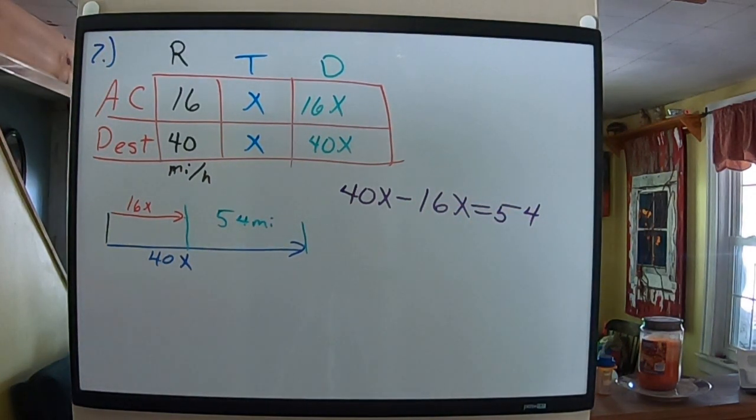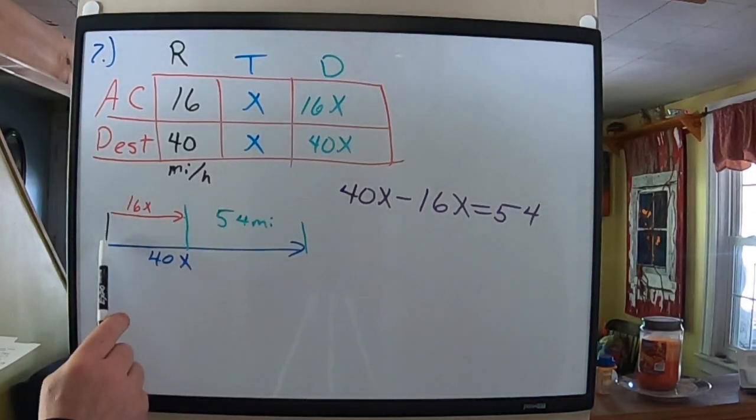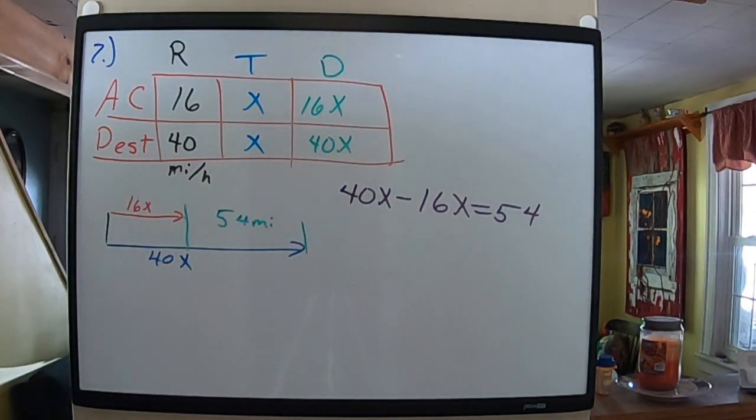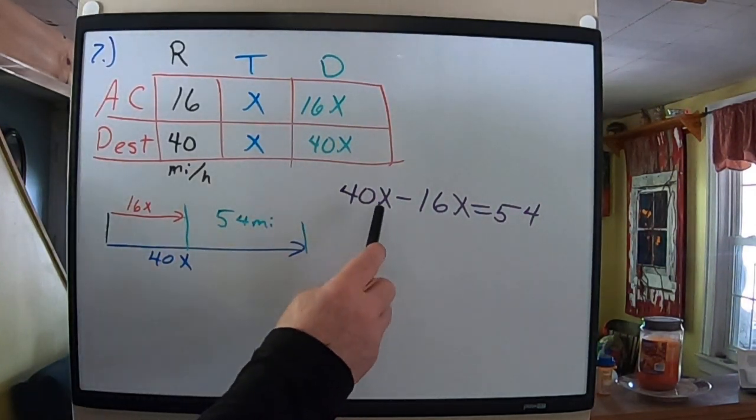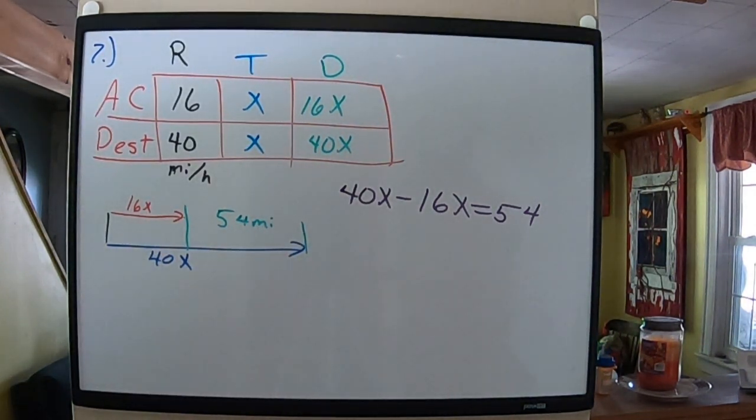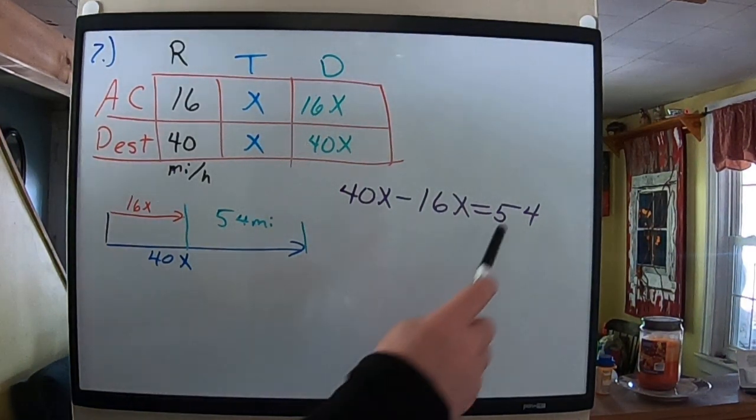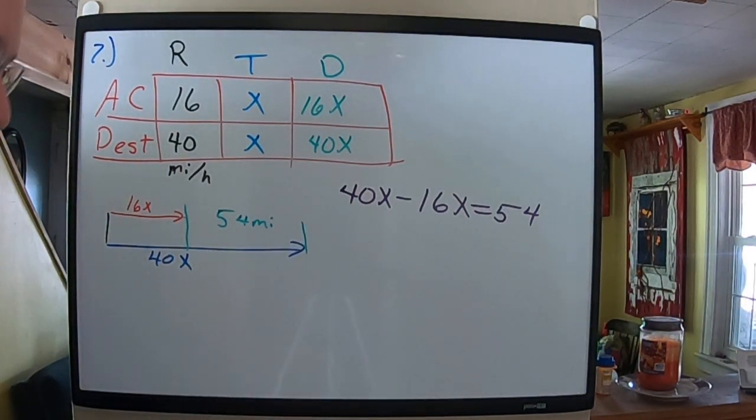Now you could just as easily set this up as 16x plus 54 equals the full distance, 40x. But it turns out this is actually faster to solve. That's the only reason I'm setting it up this way. You absolutely could say 54 plus 16x equals 40x, and you would get the same end result here.